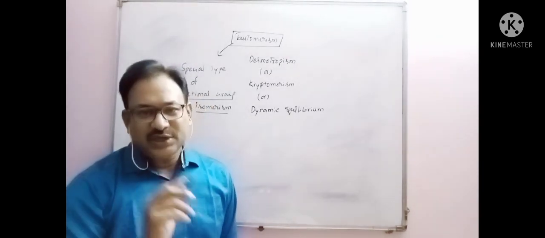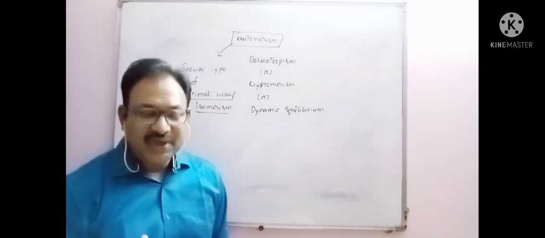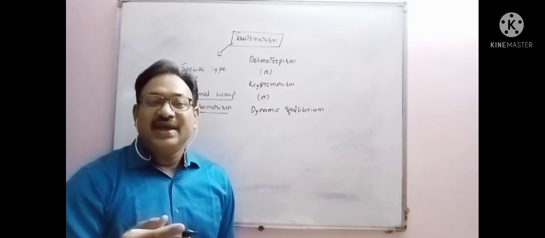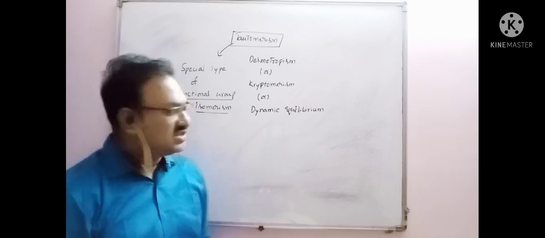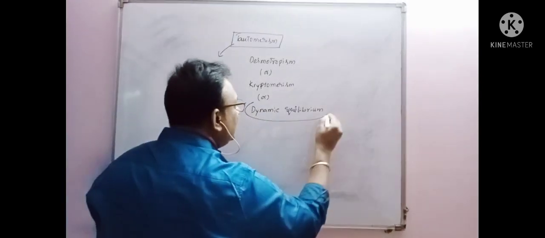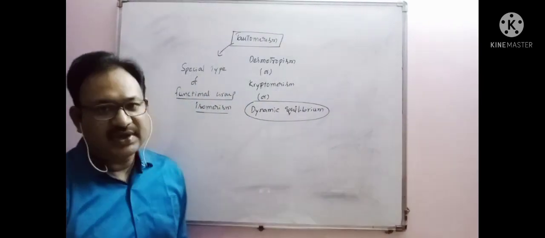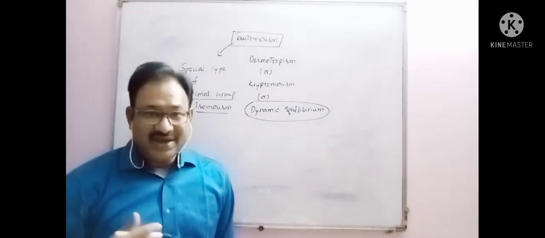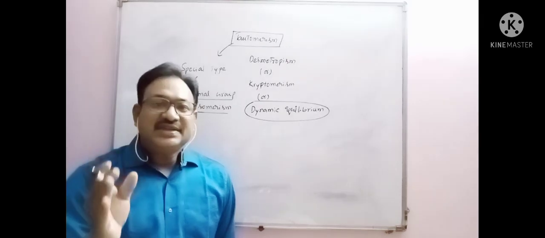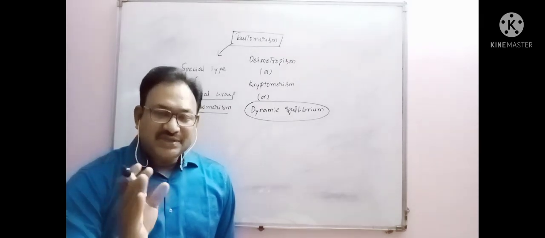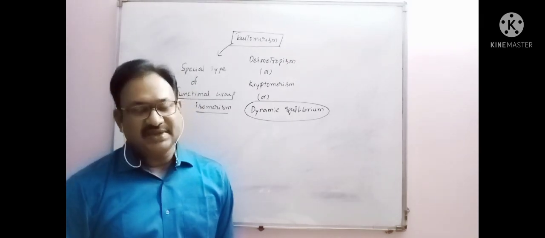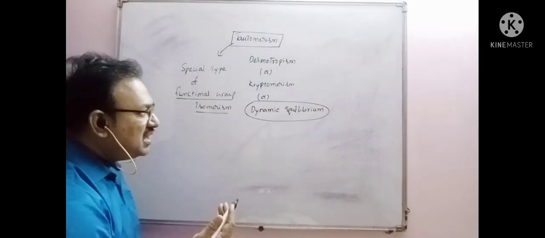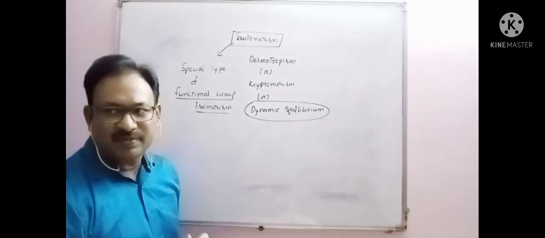The two functional isomers exist in equilibrium and they are interexchangeable. Therefore, there will be a dynamic equilibrium between the two isomers. That's why it is also called dynamic equilibrium. It is not possible to separate one of the isomers from this equilibrium mixture. So that's why it is considered to be dynamic equilibrium or desmotropism or cryptoisomerism.